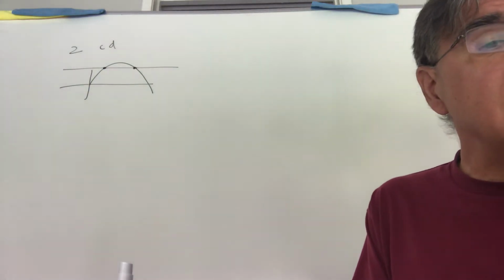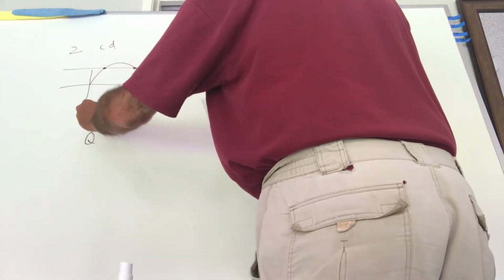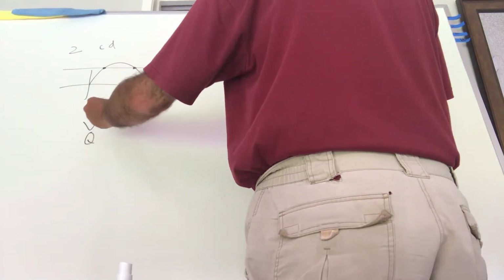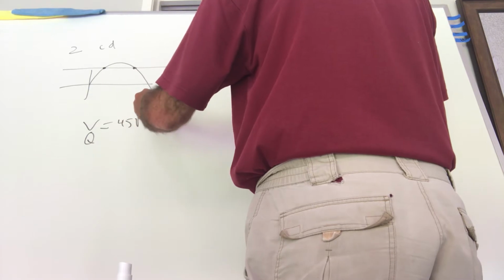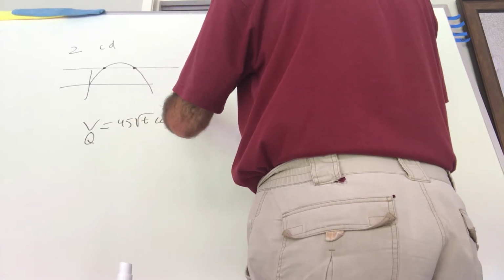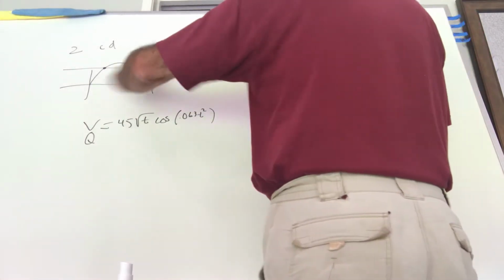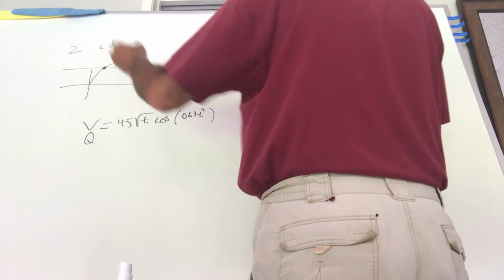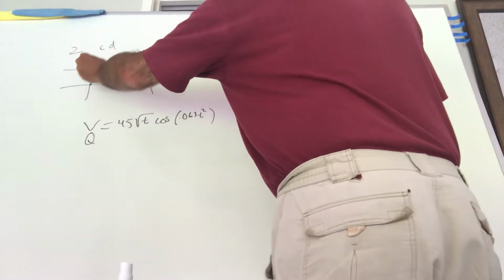The C question is you have another particle that travels by some function here. So the Q particle has a velocity of 45 square root t cosine 0.063 t squared. And then if you graph it, you get something like that. And then you actually get this graph here, something like that, right?